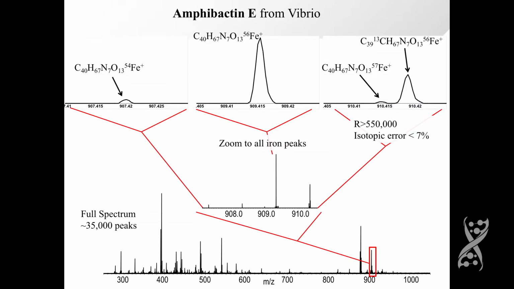Here we go. We can look at amphibactin from Vibrio, and we get a typical spectra, and we can zoom in to look at not just our molecular profile of our compound, but it actually shows us the oxidation state of the iron in the molecule.